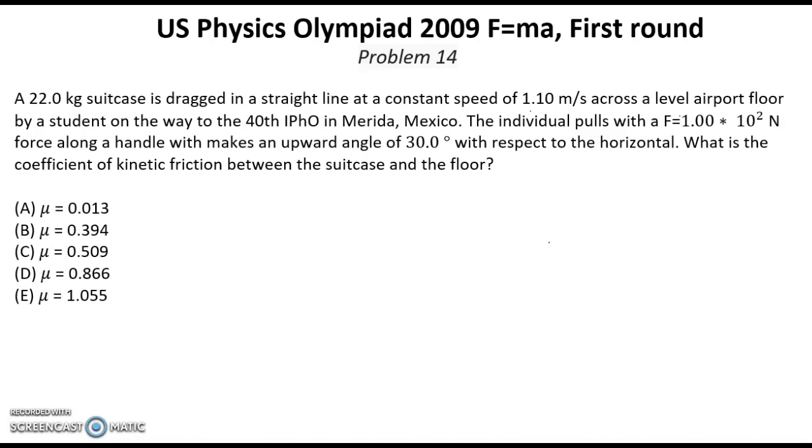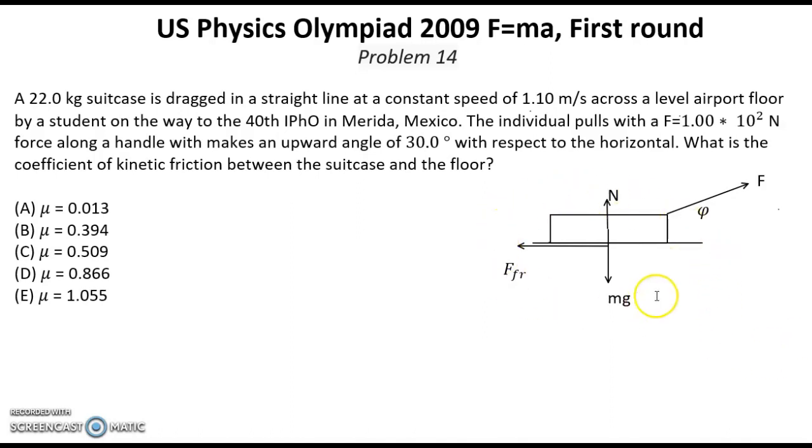Solution. First, let's draw the free body diagram. Because this suitcase is moving with a constant speed, it means that this is the situation of equilibrium. So we have to write horizontal and vertical equations for equilibrium.